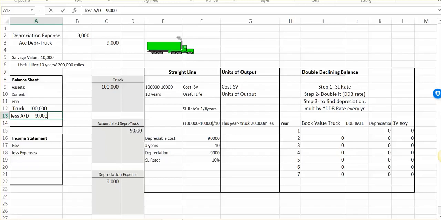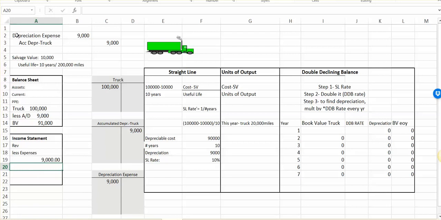You'll take the difference between those two, and that's going to give you the book value of the truck, which would be $91,000. On the income statement, when you list out your expenses, depreciation expense will be listed at $9,000, and that is how you would expense the cost of the truck over the next 10 years.